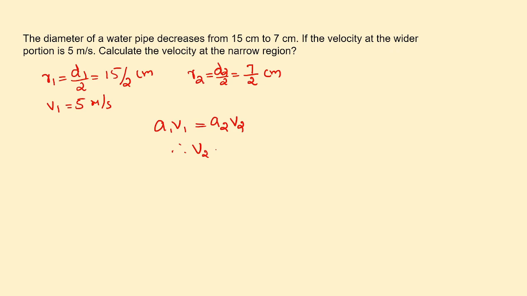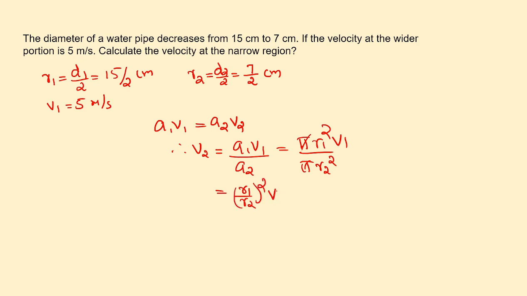Therefore, V2 is equal to A1 V1 divided by A2. So that is equal to pi R1 square V1 divided by pi R2 square. Pi will be cancelled out. So that is equal to R1 by R2 whole square into V1. So let us substitute. What is R1?